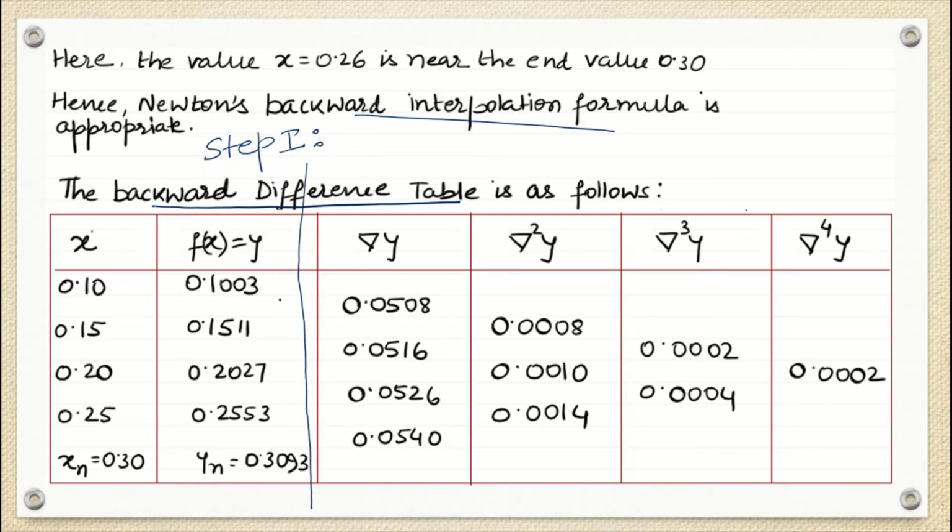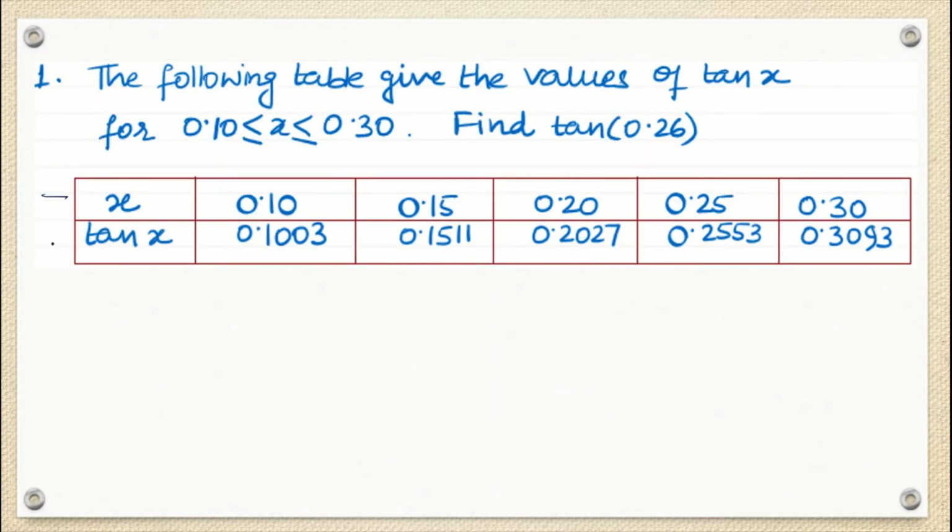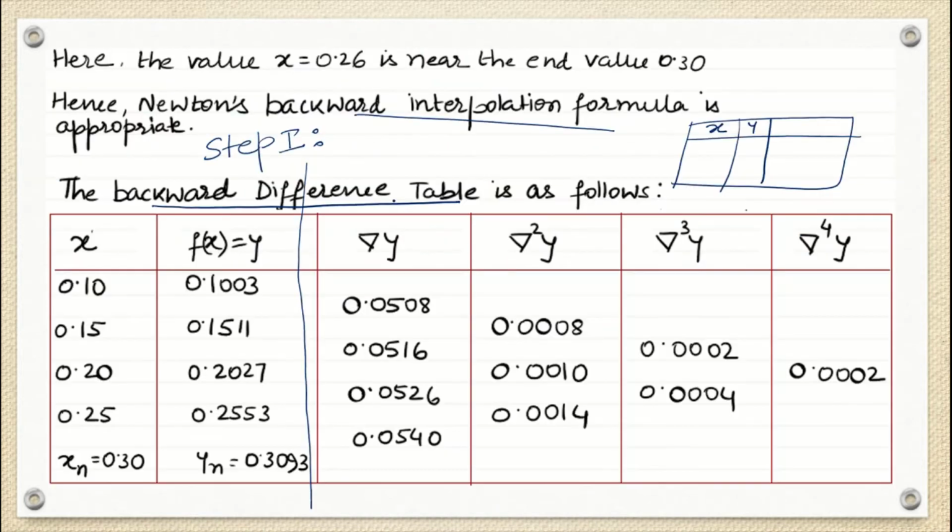Right now I'm not sure how many columns I will have in this table, but I'm 100% sure that I can write the x column and the y column. So what will be in my x column and y column? These two rows I'm writing in column form. So 0.10, 0.15 and all these values I have written in column form. Fine. And similarly the y values I have written down here.